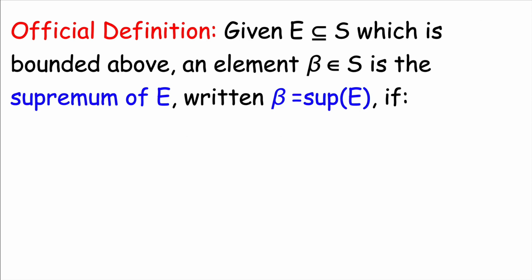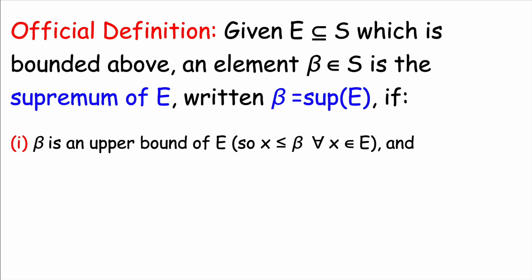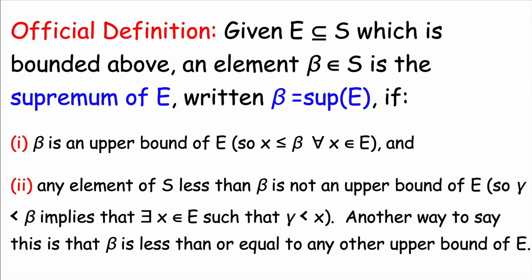Here's the official definition of the supremum of a set. We are again assuming S is a totally ordered set and E is a subset of S, which is bounded above. An element beta in S is the supremum of E, written beta equals sup of E, if, number 1, beta is an upper bound of E, so x is less than or equal to beta for all x in E, and, number 2, any element of S that is less than beta is not an upper bound of E. In other words, if gamma is less than beta, that implies there's some element x in E such that gamma is less than x.